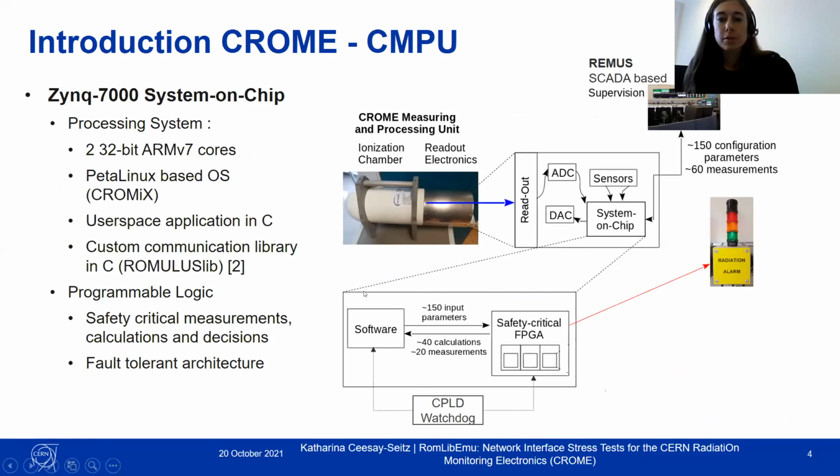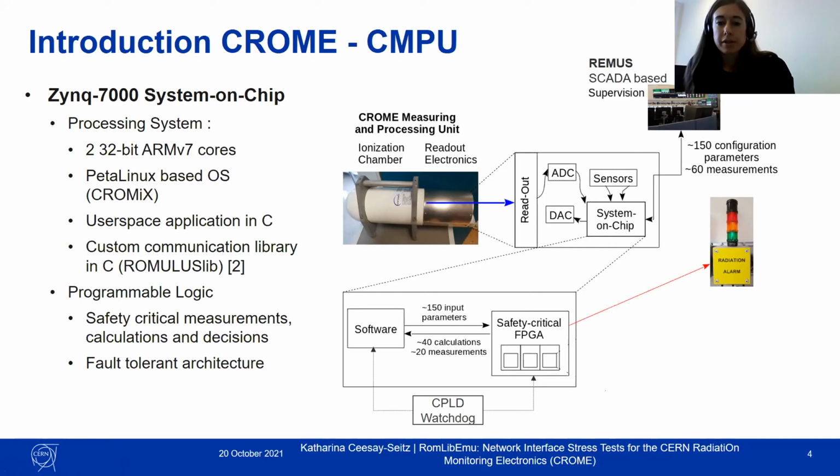The processing system of the Chrome measuring and processing unit, which is the detector and processing system, houses a system on chip with an embedded Linux and a user space application in C running on it. And this application uses a custom-made C library to communicate with the SCADA-based supervision system called REMUS, from where it can receive around 150 parameters.